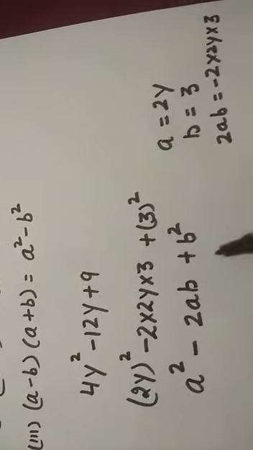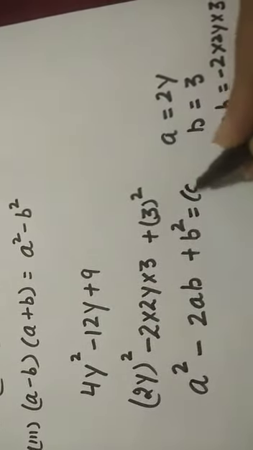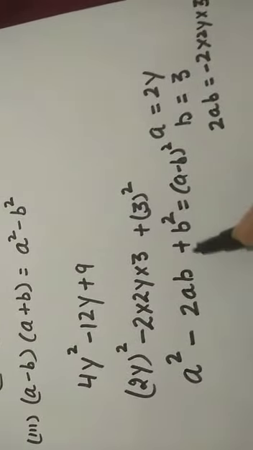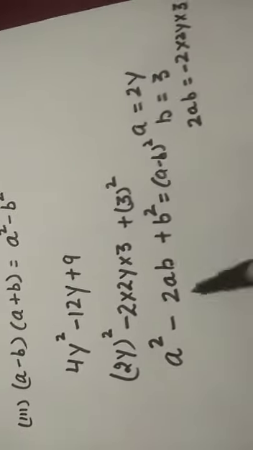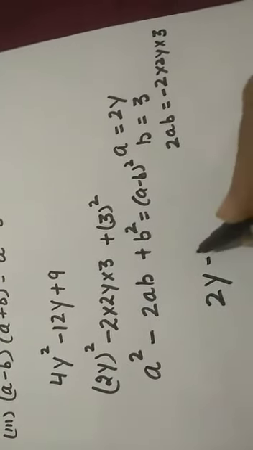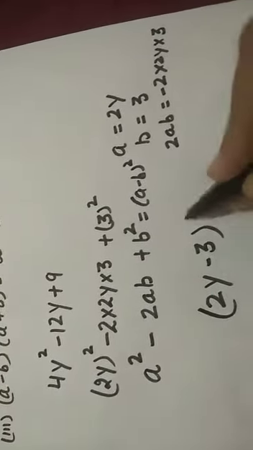So the required factorization will be 2y minus 3 whole square.